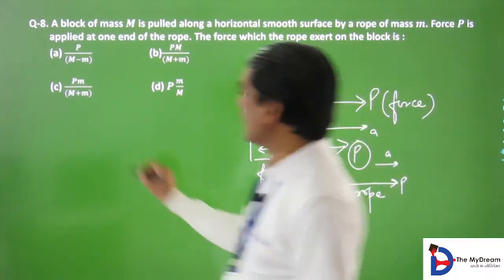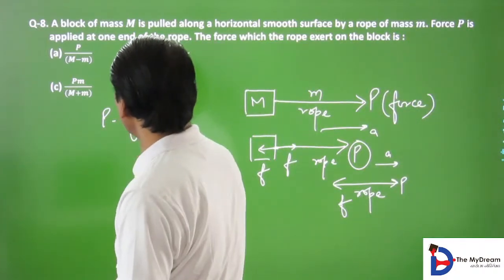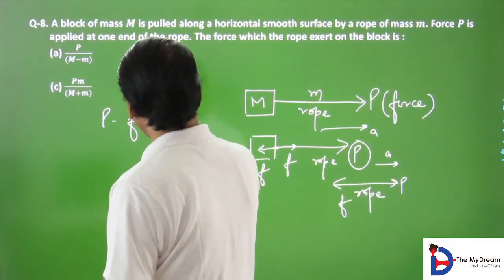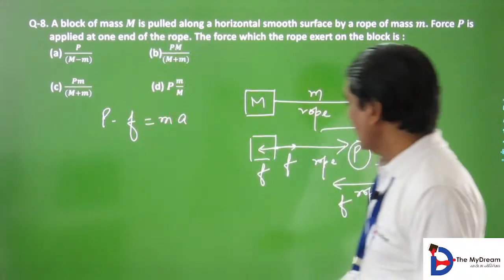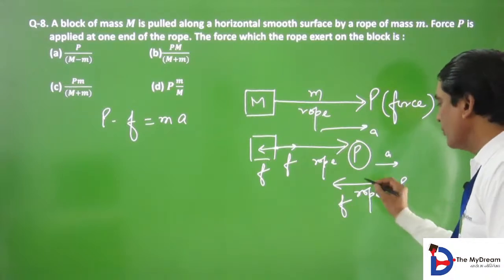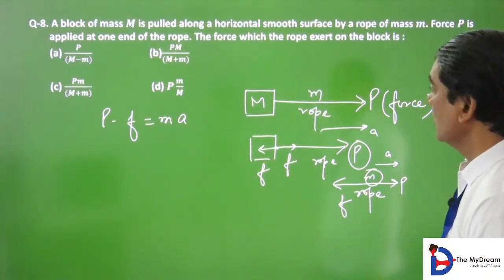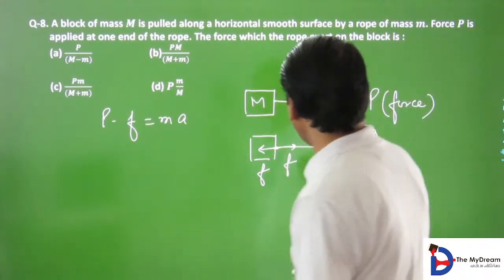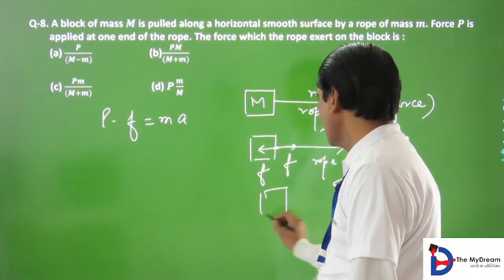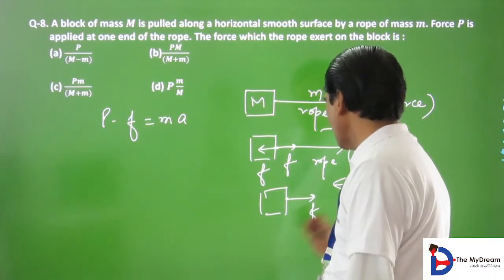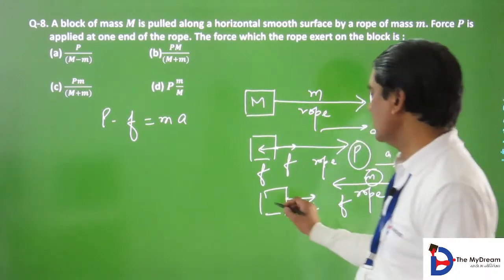So P minus F is equal to m into A. We are considering the mass of the rope, which is small m. So A is equal to, and F is equal to, this is the force, small f, which is the contact force.